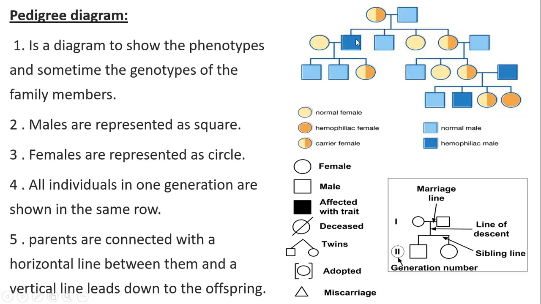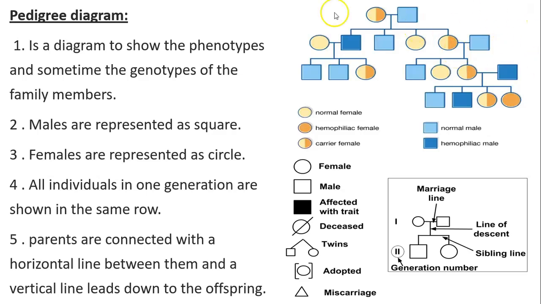For example, if I am following the inheritance of blue eyes in a certain family, all the shaded individuals have blue eyes. This means that I am following the trait of blue eyes in the phenotype. So the pedigree shows me necessarily the phenotypes, and sometimes it helps me to predict or to know the genotypes when we follow the whole diagram.